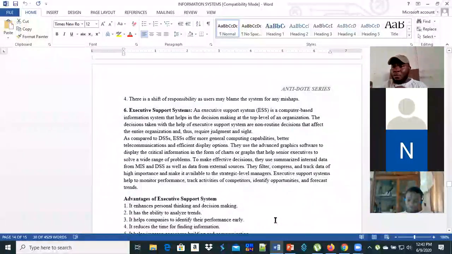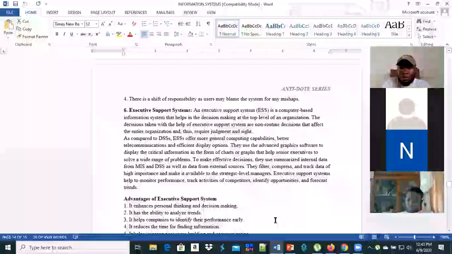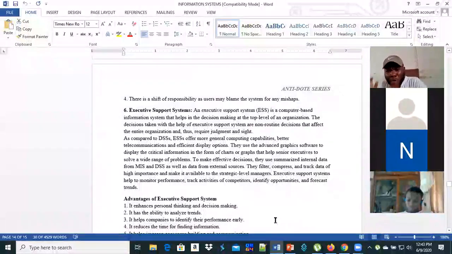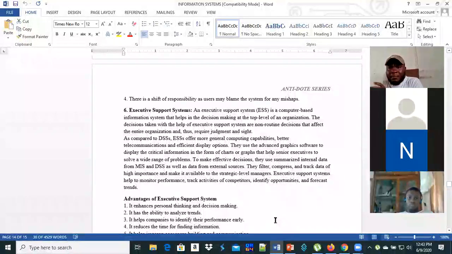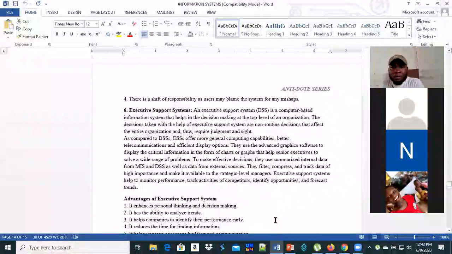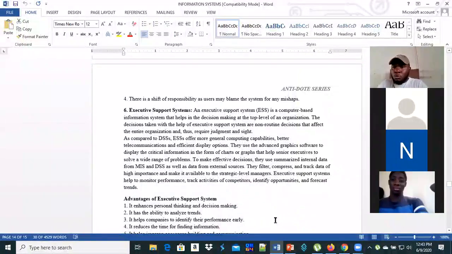So admin will be dealing with something like the results of the person, not organizing exams for the person. No, that should be done at the transaction level. Admin will now be looking at the results of the person, whether the person fits in his school or not. Those at the management level, looking at the person's results, can say, oh okay, he said he wanted to do science, let's give him science.